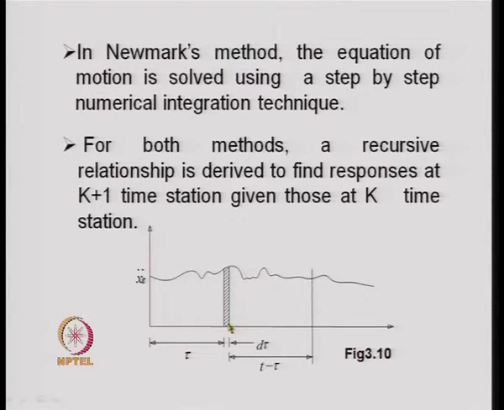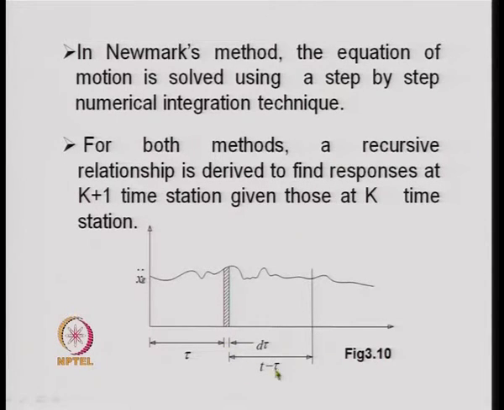So, what we do is that first we consider an impulse at a time tau from the origin, that is 0 time, and an impulse of f multiplied by d tau is applied to the single degree of freedom system at time tau.